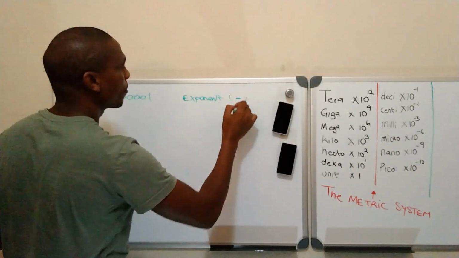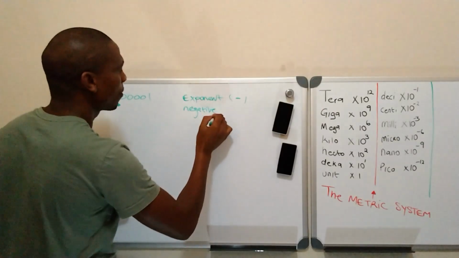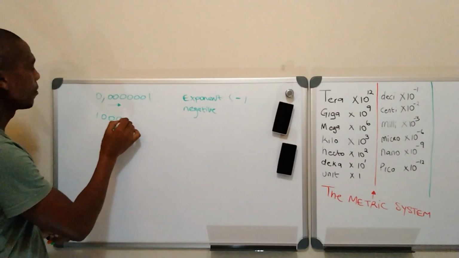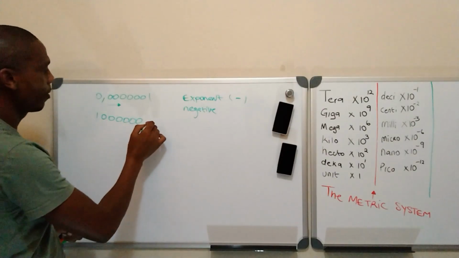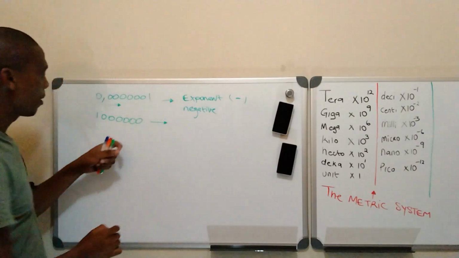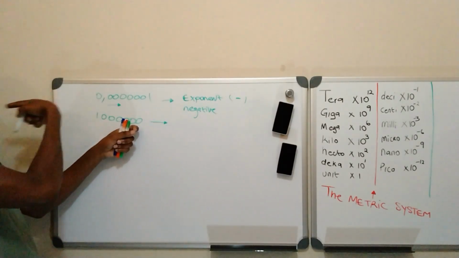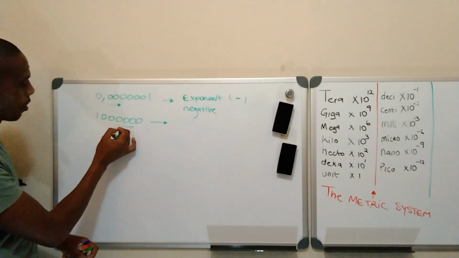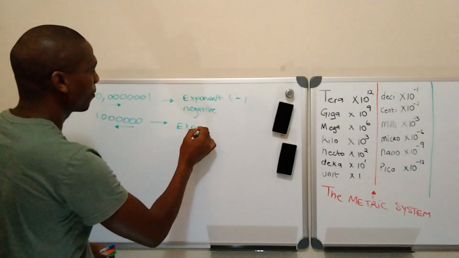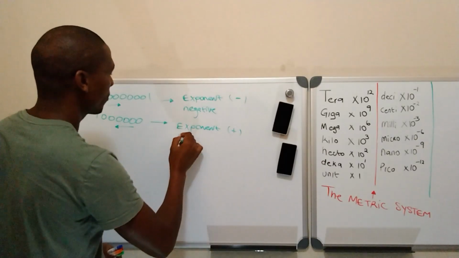Let me just write here. But if you count from the last 0 to the left, which means you're going this direction, the exponent is positive.